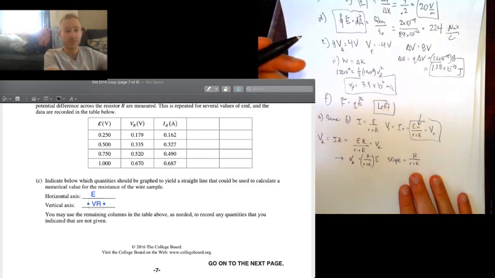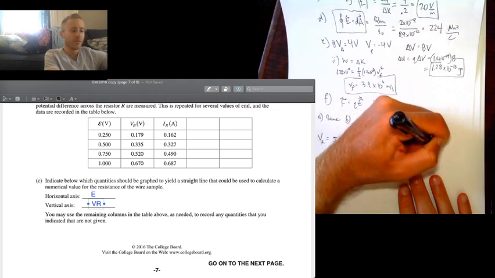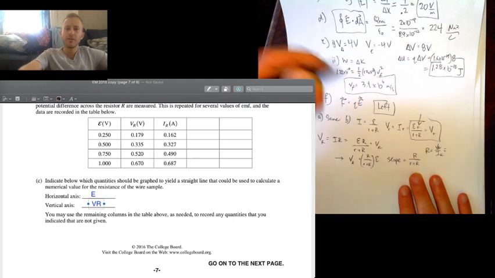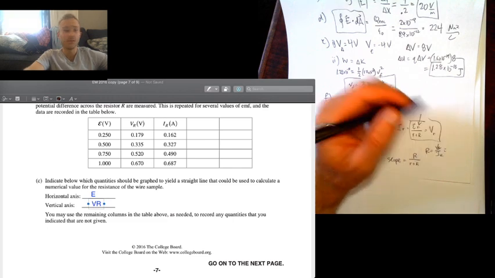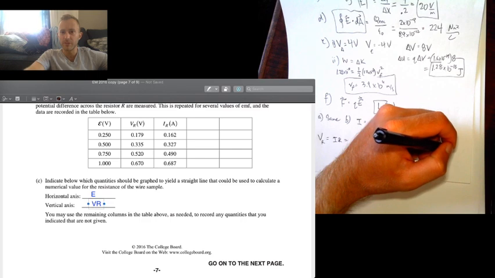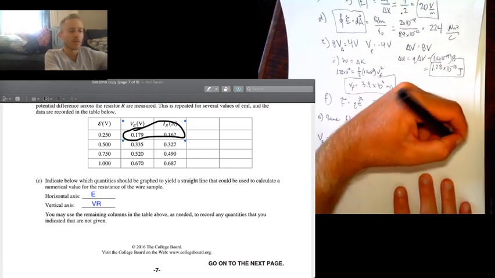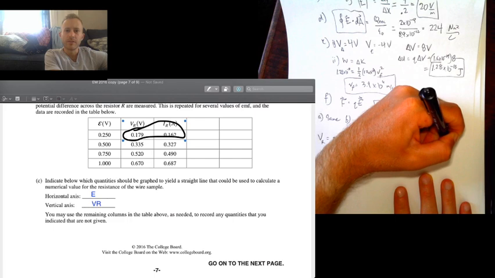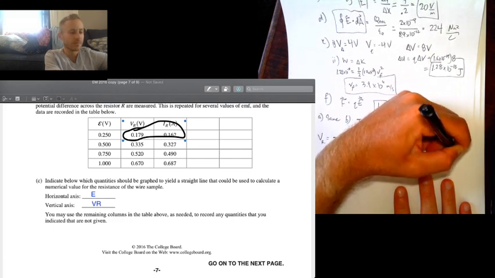Now, what is big R, you say? Well, wouldn't that just be volts across big R divided by current of big R? So I can use any one of these rows to calculate the resistance of big R. If I use this first row and these two numbers, I have 0.179 over 0.162.